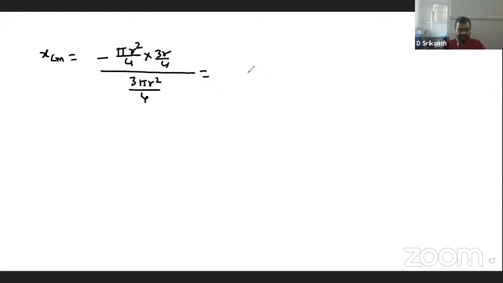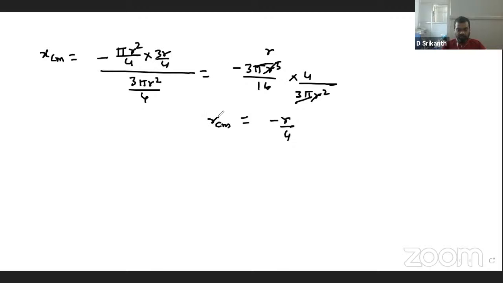That is minus 3 pi r cube by 16 into 4 by 3 pi r square. That is minus r by 4.